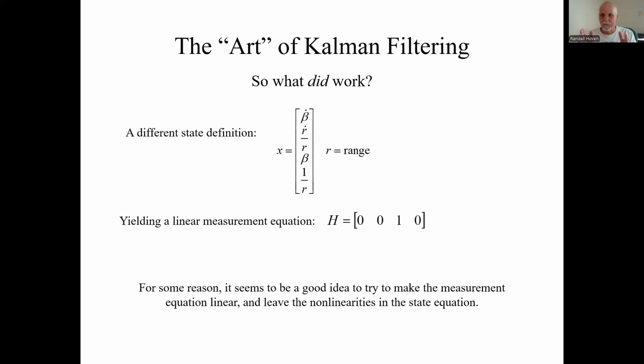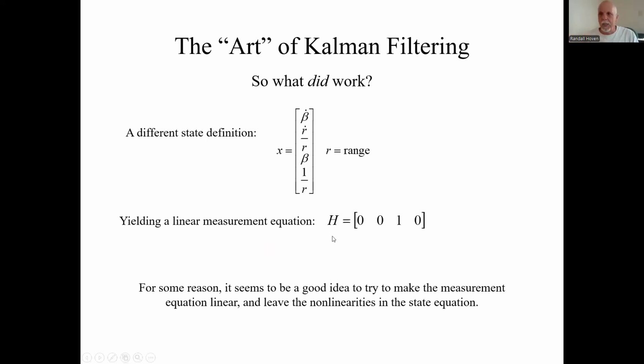The moral of this is once it gets to things that are nonlinear, there's art to it. There's no known algorithmic way to come up with your state space model. Where do you put your nonlinearities and what do you try to keep linear?